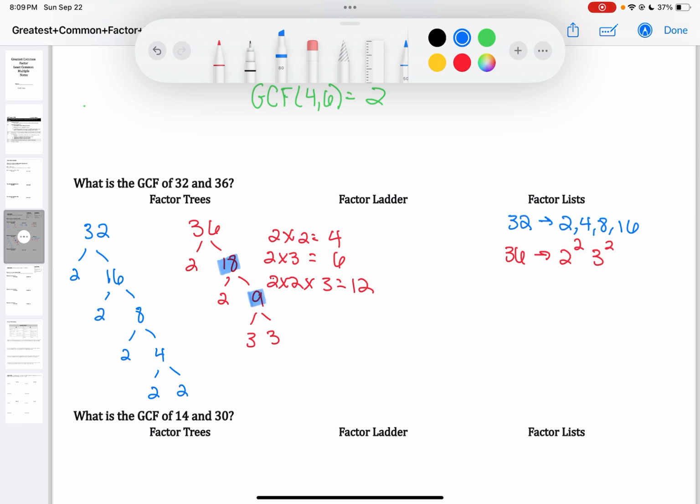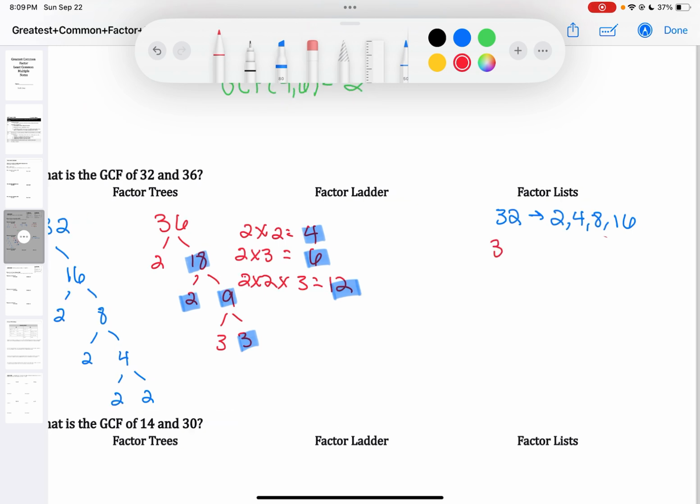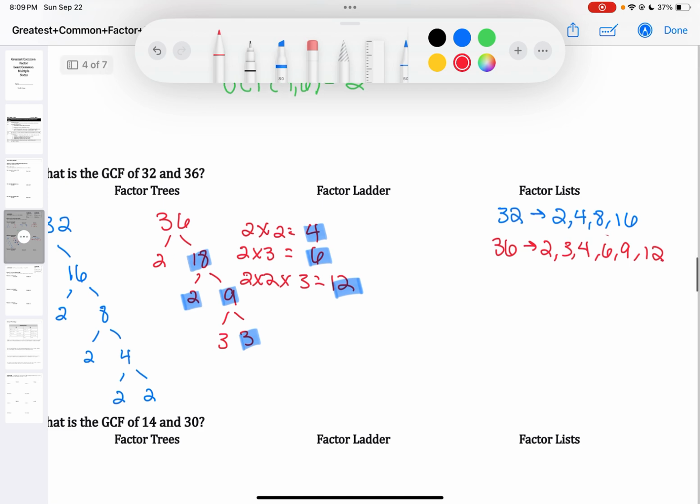I have 9 as a factor, 3 as a factor, 2 as a factor, 4, 6, and 12. So now I'm going to go ahead and write that out. So then 36, the factor lists are 2, 3, 4, 6, 9, and 12. Oh, and 18.